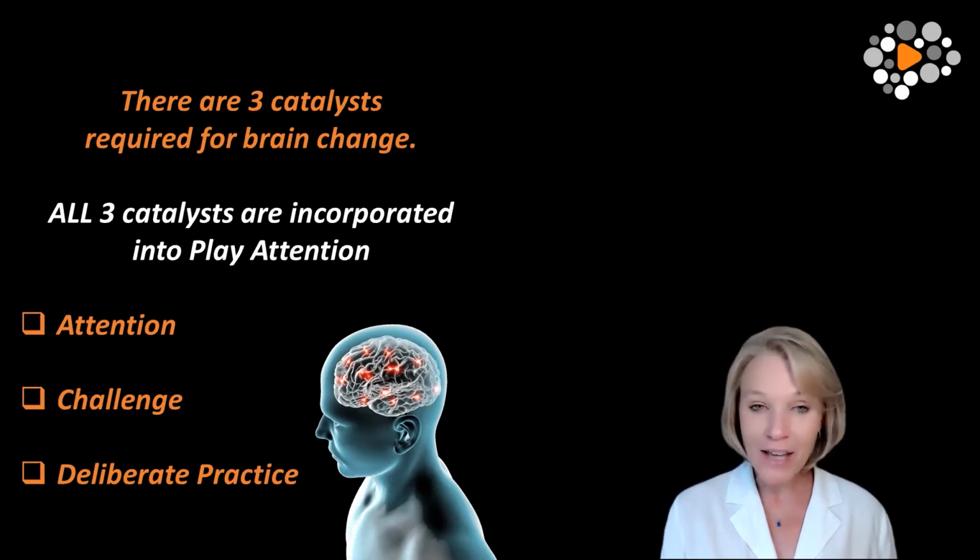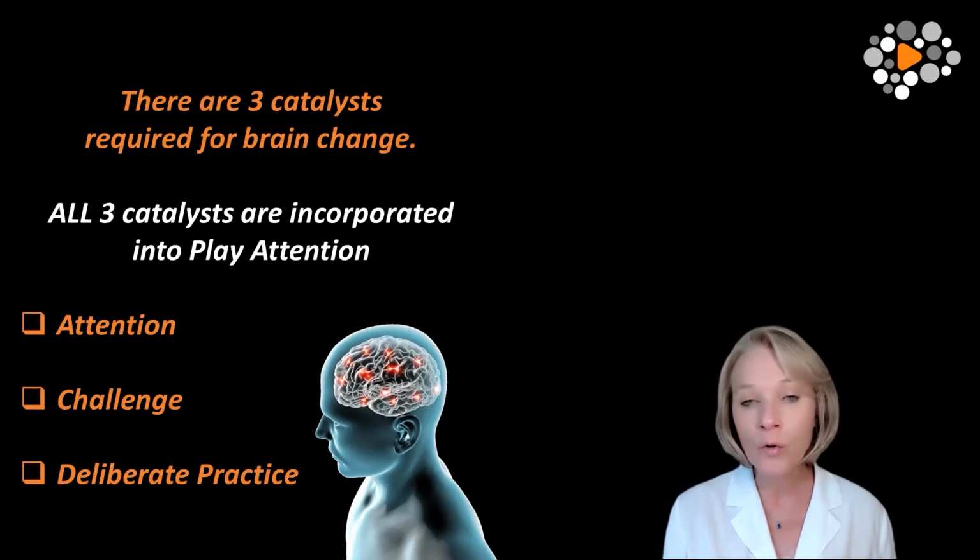So the very first catalyst necessary for brain change is, of course, attention. And we've just been talking about how attention is incorporated into our program, because you have to be paying attention in order to activate the activity. And the reason we do this is because we know you can have a great teacher, a great counselor, a great life coach.